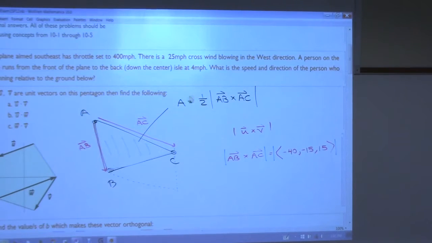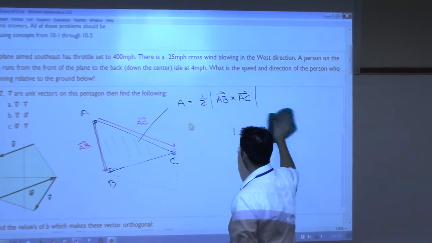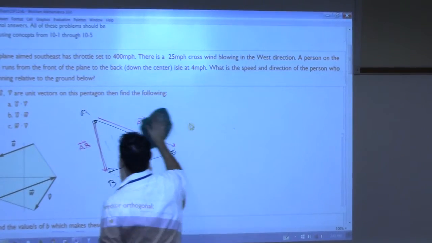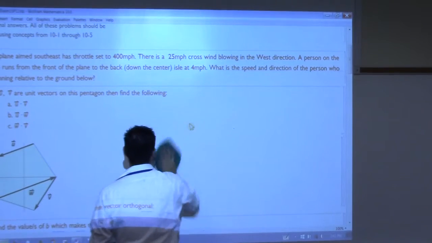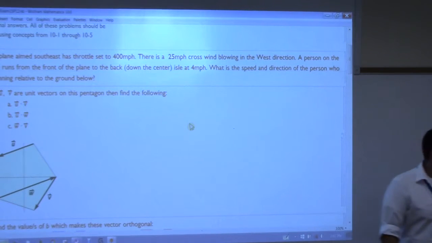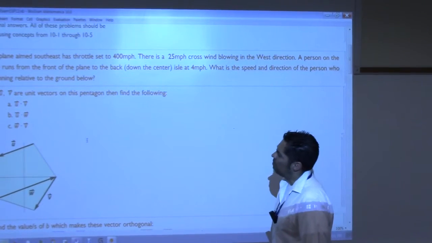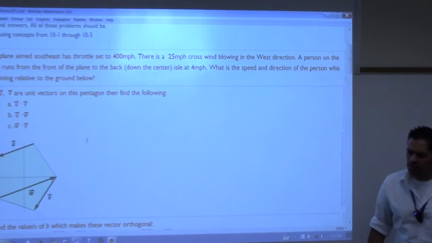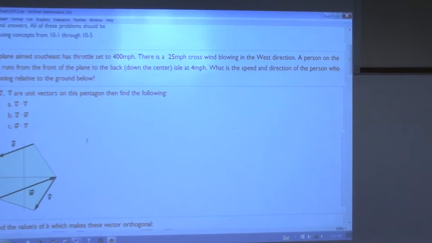All right, I would expect at this point you could do number 1. That's not a stretch, okay? Number 2 can also be done. Please pay attention. Does yours say vectors on this regular pentagon? Does it say that on yours? No? Put regular pentagon.